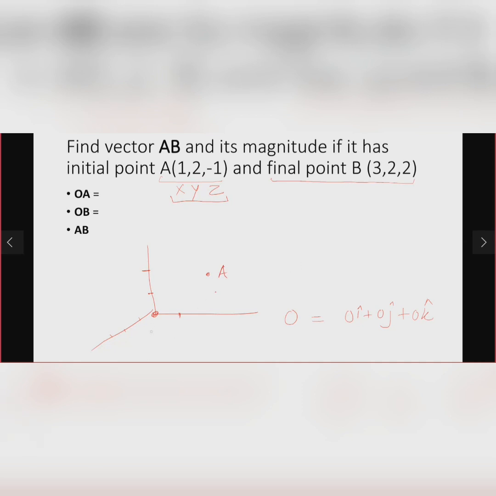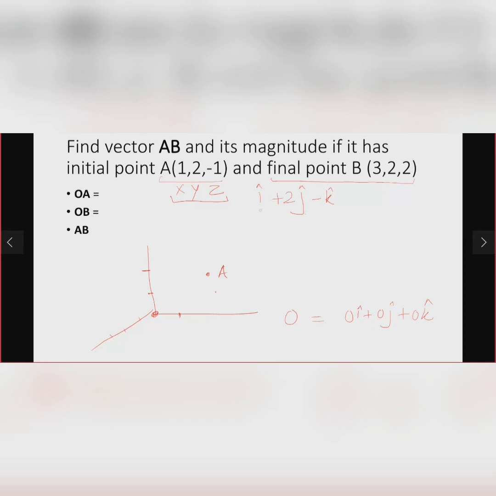Final minus initial. It is always final minus initial. So it would be i hat plus 2j hat minus k hat. This would be my OA vector. I have simply subtracted the origin coordinates from the coordinates of A, so obviously it is not going to make any difference.